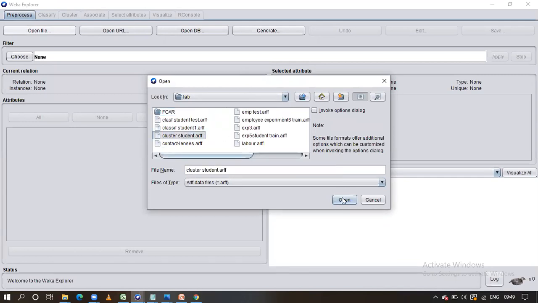This is the file we have prepared, and we have used it as input.